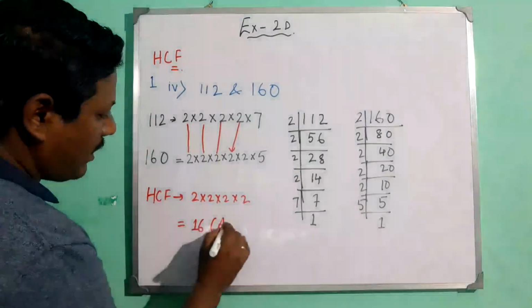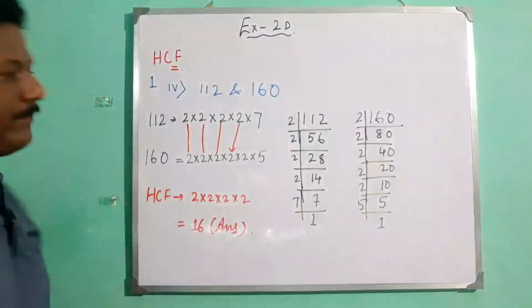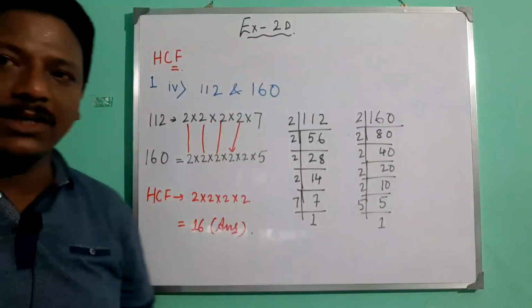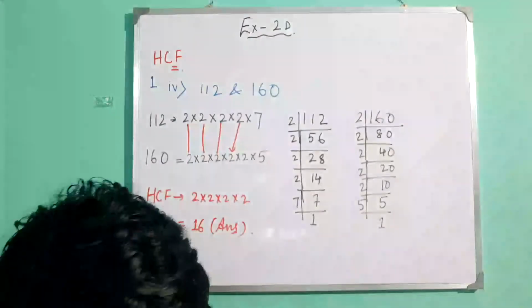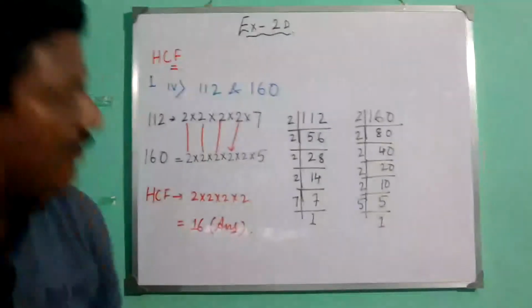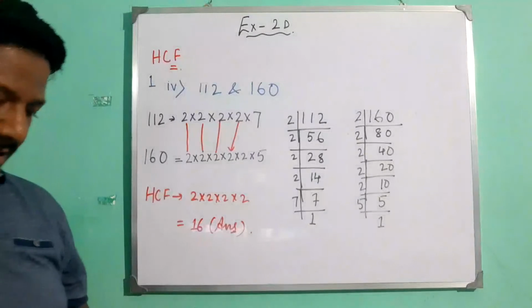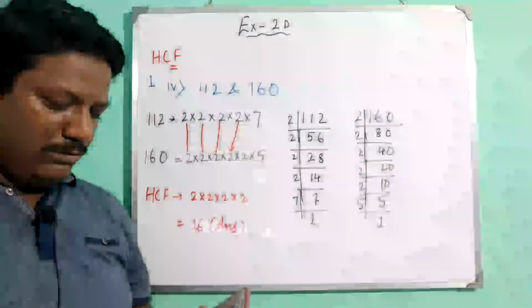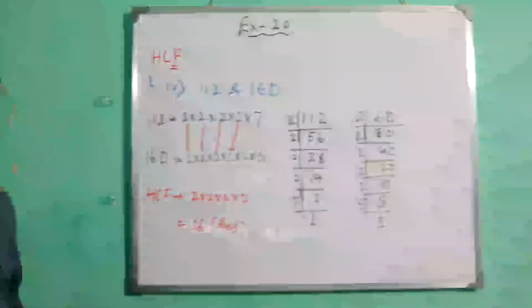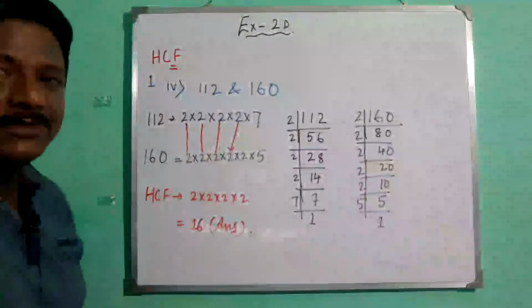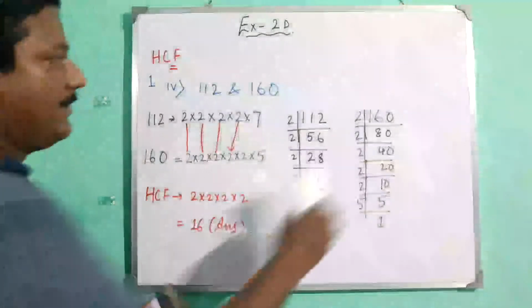This is our required answer. Simple. Okay, right. I can see some of you are writing the answers as well. Very good. So this is the simple method to find the HCF with the help of factorization method.